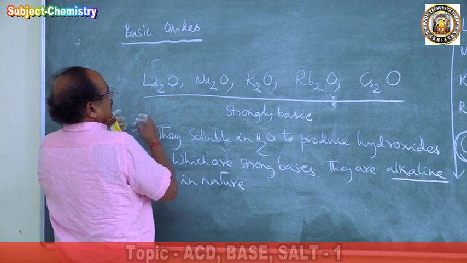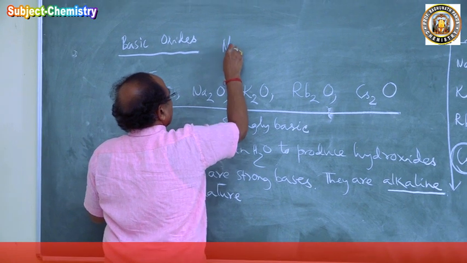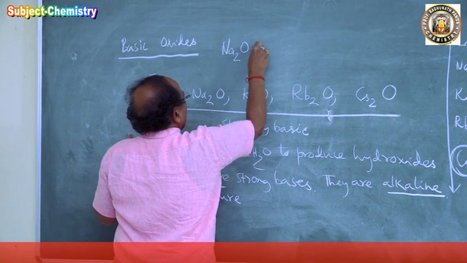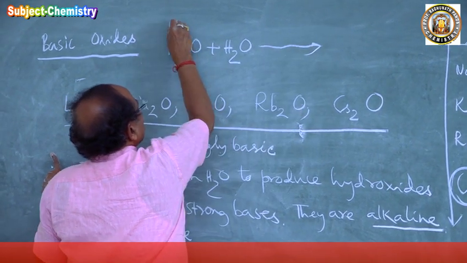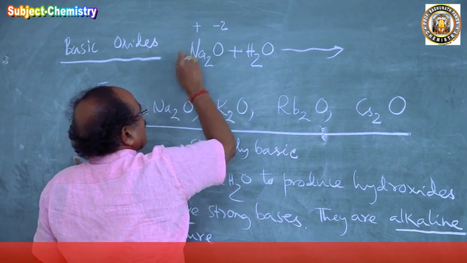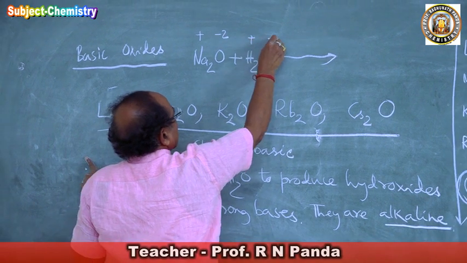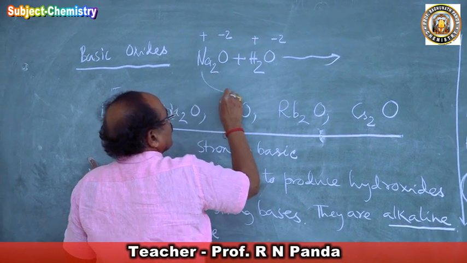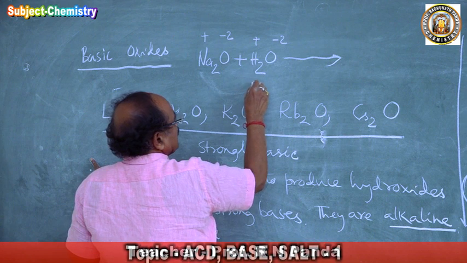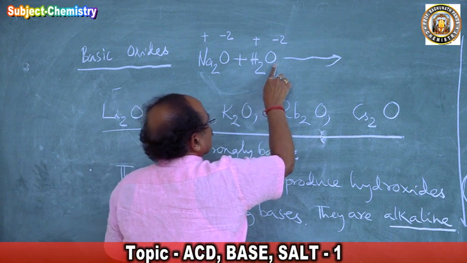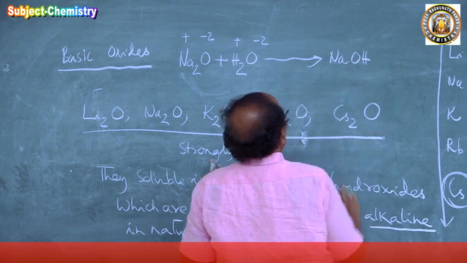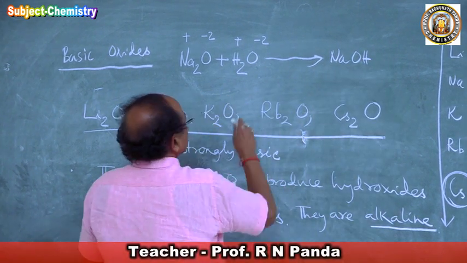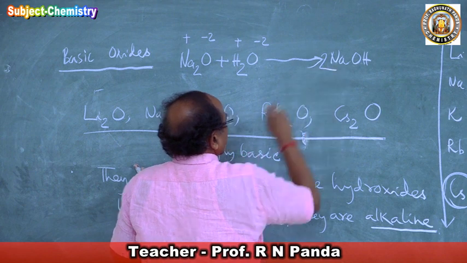For example, let me write just one equation. I will take sodium oxide and put it into water. You know that sodium is positive, oxygen is negative, hydrogen is positive, oxygen negative. So this water contains H plus and OH minus, and this forms NaOH. So you will have 2 NaOH, sodium hydroxide.